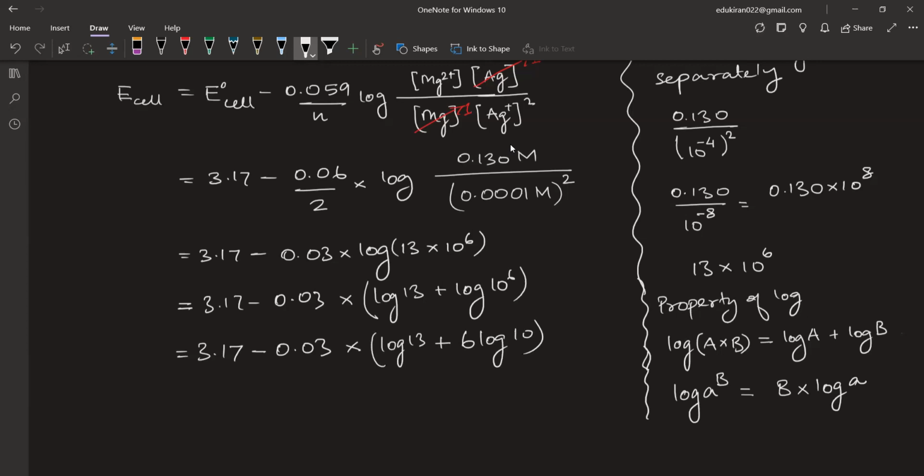Yes or no? Tell me, is that right? Log A to the power B. That means if you have 10 to the power 6, the 6 will come down.